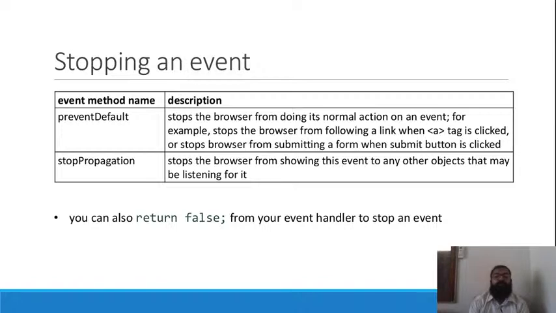And stop propagation stops the browser from showing this event to any other objects that may be listening for it. So you have other event methods like prevent default and stop propagation as well. We can also return false from an event handler to stop a particular event.